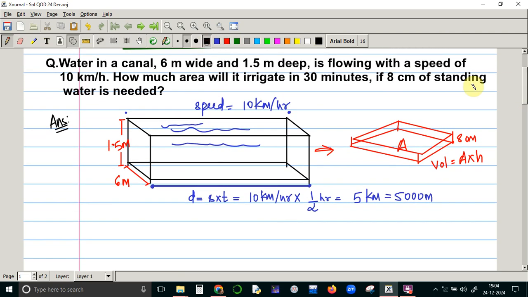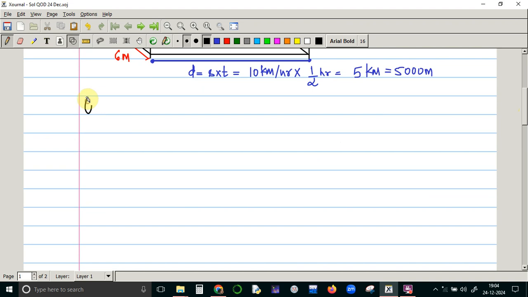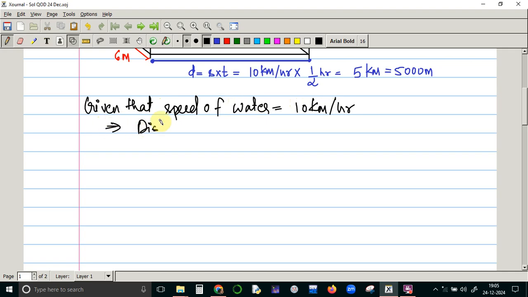Now let's write the solution. Given that speed of water is equal to 10 kilometers per hour, which implies distance traveled in 30 minutes is equal to speed into time.